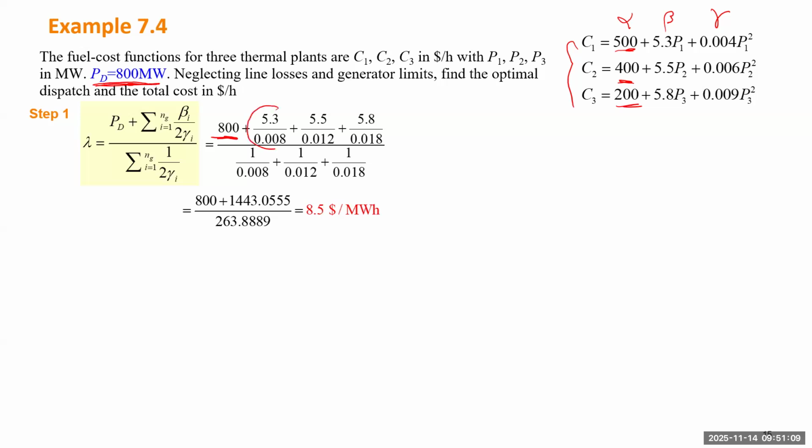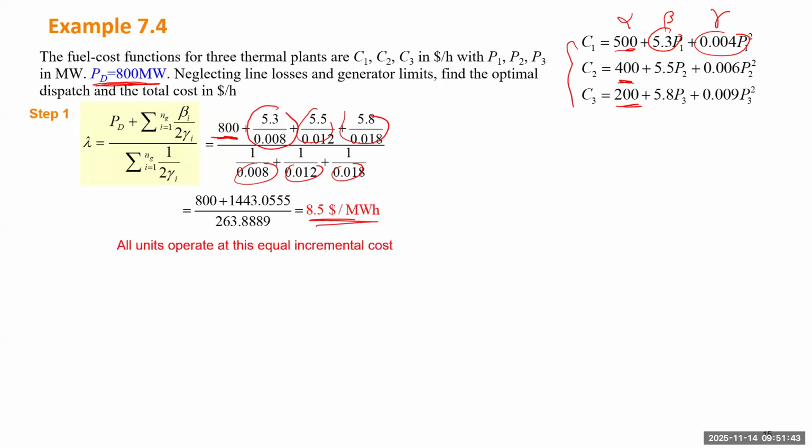Each item will be beta divided by 2 times gamma. On the denominator, you have the summation of 1 over 2 times gamma. And the answer will be $8.5 per megawatt hour. So you have 3 units at optimal dispatch. They have to operate at this price.